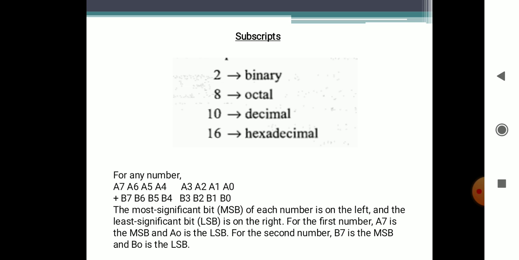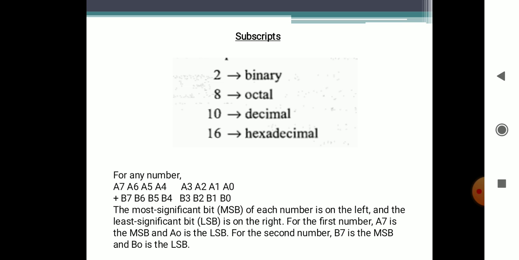For binary numbers, we denote the number with a base of 2. For octal numbers, we use a base 8. Decimal is denoted with a base 10. Hexadecimal is denoted with a base 16.